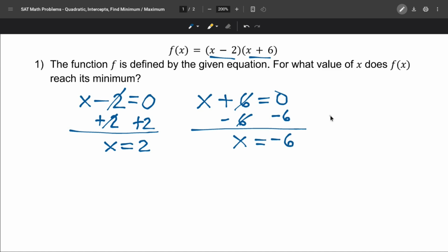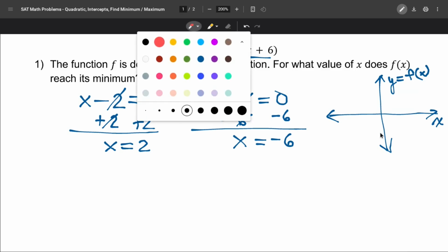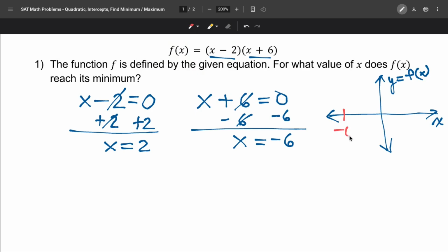Okay, so to give you an idea of what's going on here, if we have our x-axis here, a rough sketch, and our y-axis here, it might be written y equals f of x or something like that, the vertical axis. So we're going to have our function, let's say it goes through negative 6. It does go through negative 6 in this case, and 2.